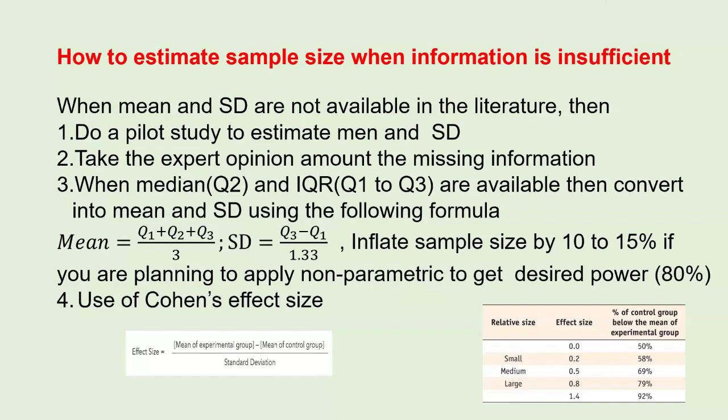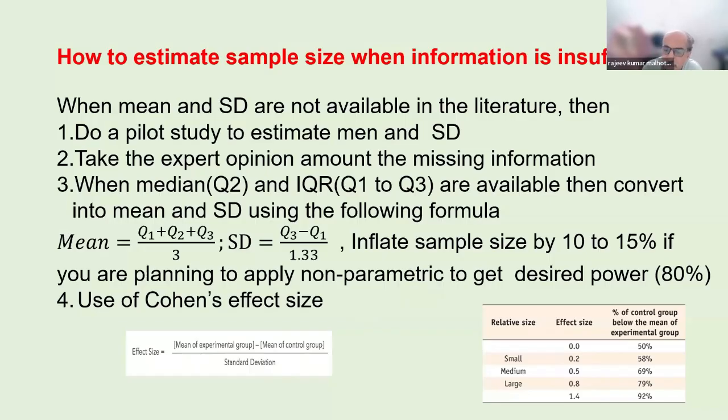But sir, if the standard deviation is not available, you cannot have the effect size also, no? Because the formula requires the standard deviation. No, the formula requires the standard deviation to calculate the effect size, but ready-made effect sizes are available. Like in proportion, you estimate and take 50% by default, which gives the maximum.